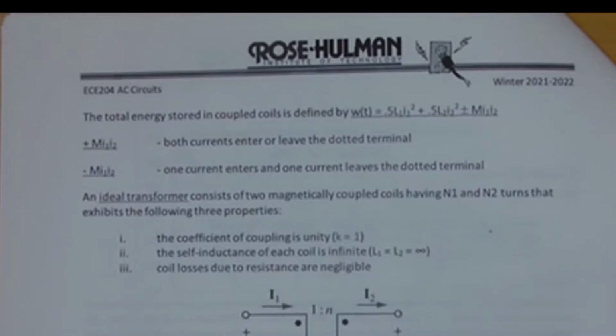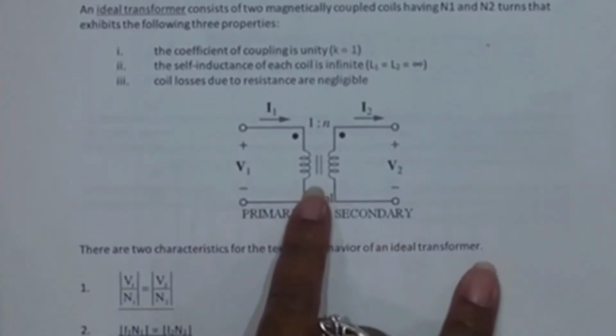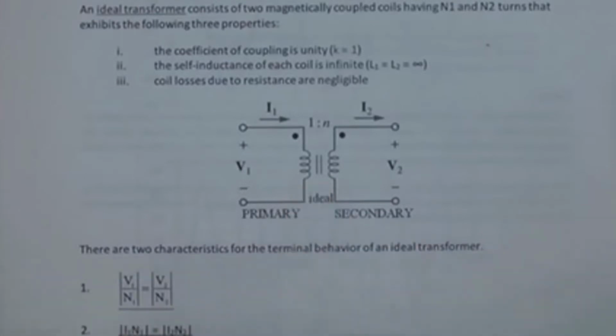An ideal transformer is when K is equal to 1, which is the tightest coupling, of two magnetically coupled coils, and we have N1 and N2 turns that exhibit the following three properties. Notice, like I said, you can tell this is a transformer because it's ideal and it now has those vertical bars there. And also because the M is missing.